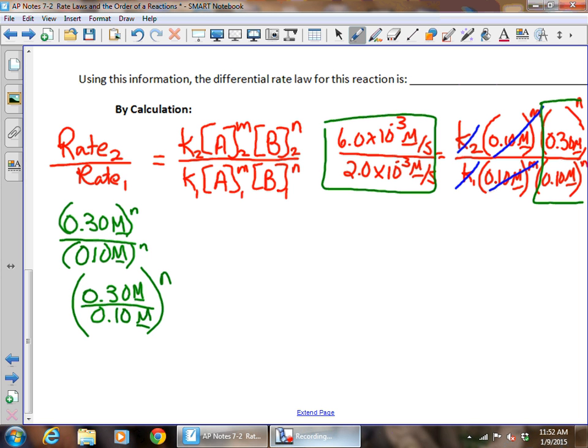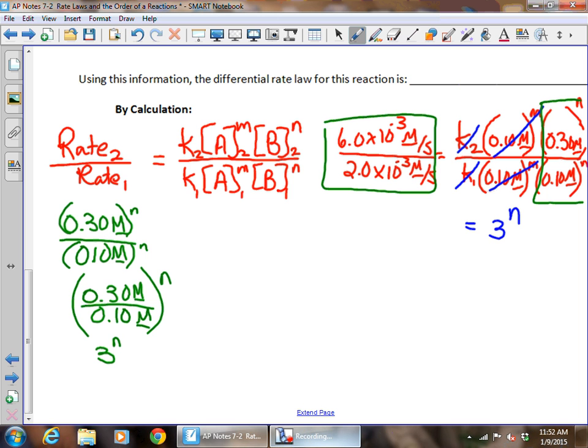So if that's true, all we need to do is to divide those two, 0.3 divided by 0.1, and we see that this becomes 3 to the n. And that's what we're going to get for this right-hand term over here, is 3 to the n.